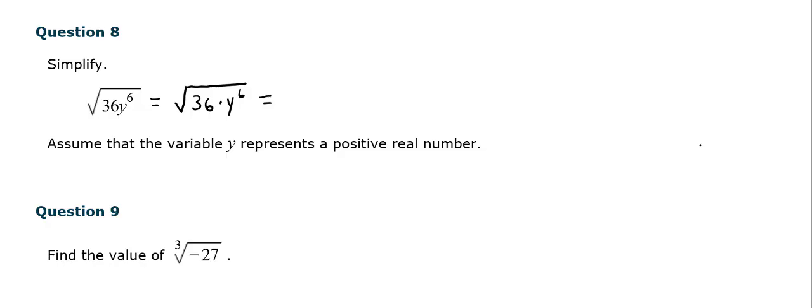So we know that the square root of 36 is 6. And again, when we're looking at something in exponential notation, since we're dealing with square root, we divide 6 by 2, and that gives us 3. So our answer would be 6y to the 3rd power.